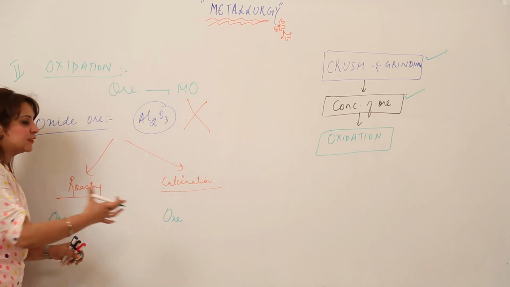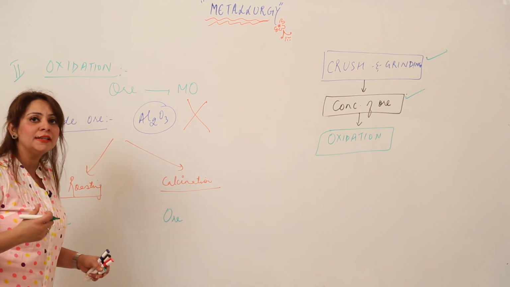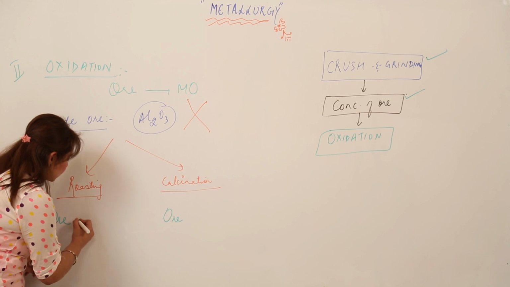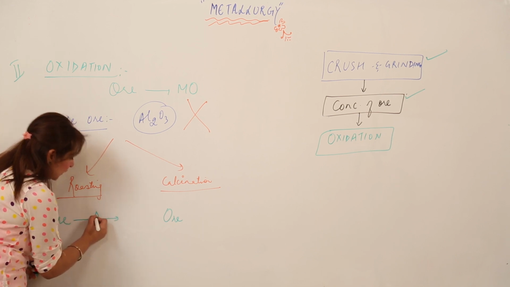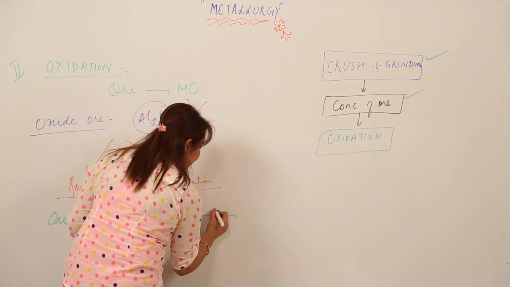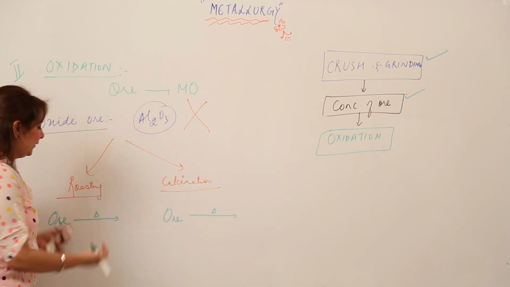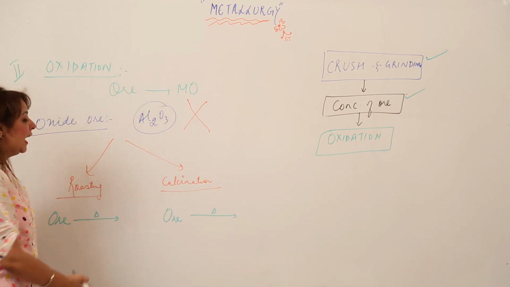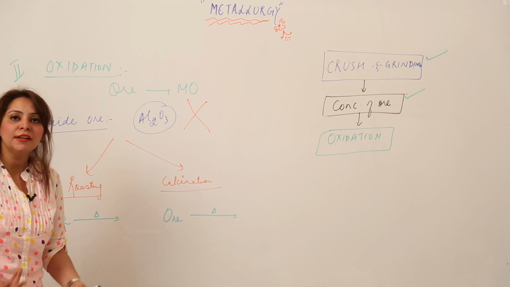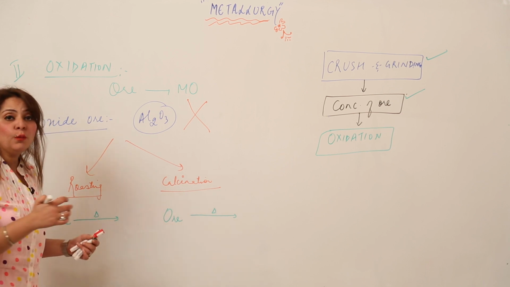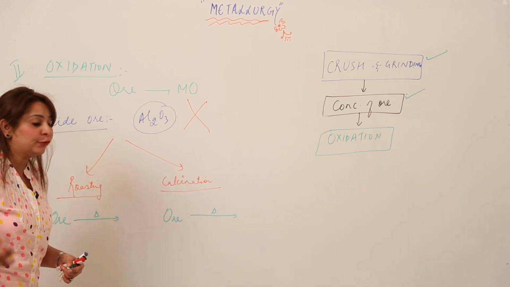So here we have the concentrated ore, whether it is roasting or calcination. We are heating the ore in roasting, and similarly in calcination we are heating the concentrated ore. But do you know where the difference lies?